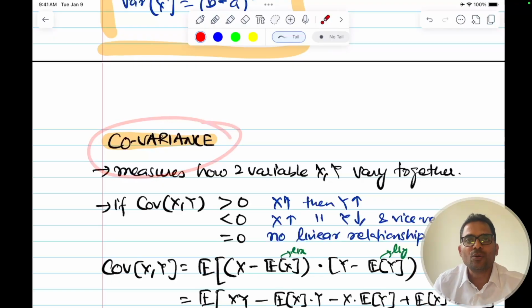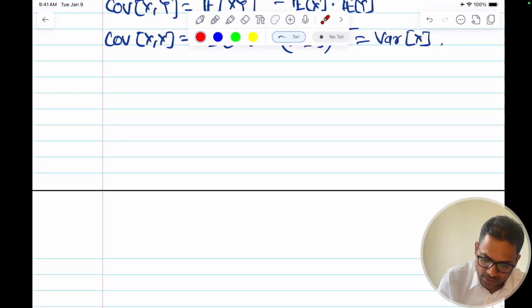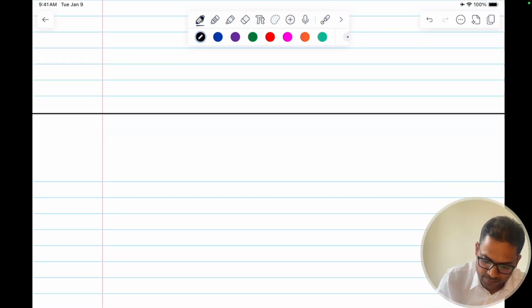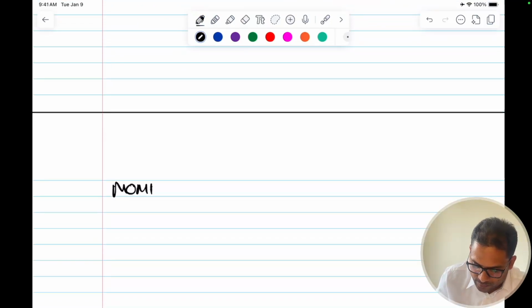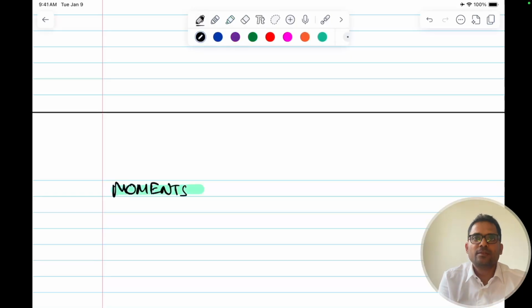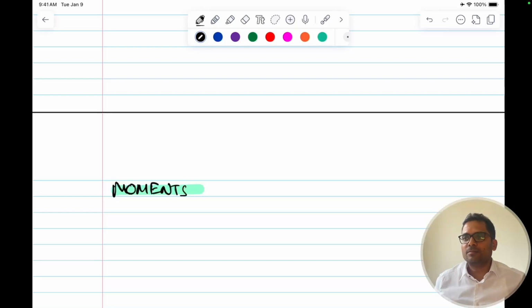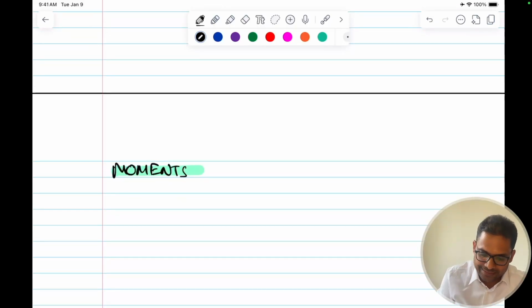Now let's move to the next topic, that is, what are moments, and then we'll move to the moment generating function. So what are moments? Moments in statistics are several parameters that describe the shape of a probability distribution.